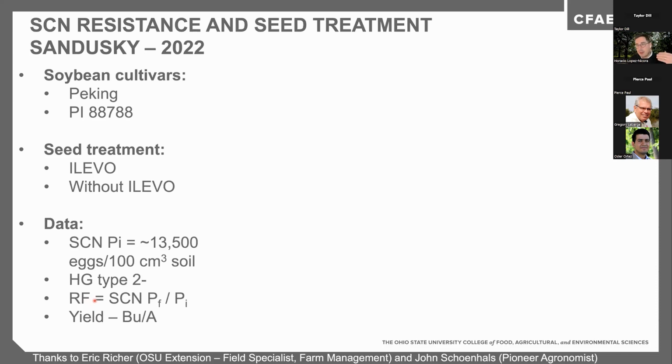A reproduction factor of 5 means that the nematode increased its population 5 times over what we started with. If the reproduction factor is below 1, as you can imagine, that means that something that we did in that season worked and we reduced the population at the end of the season. We also obtained yield in bushels per acre. In this case, I'm going to show.